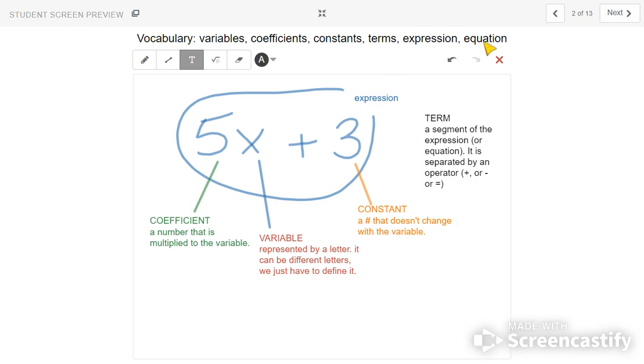As for expression and equation, we'll get into that more, but an expression is just a statement, and an equation has an equal sign in it. So 5x plus 3 is an expression. An equation would be something like 5x plus 3 is equal to 2.